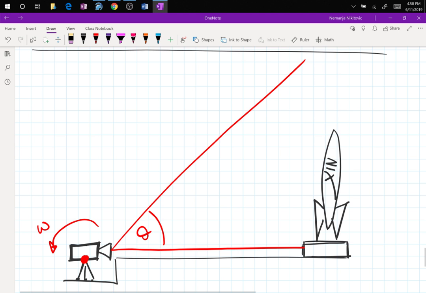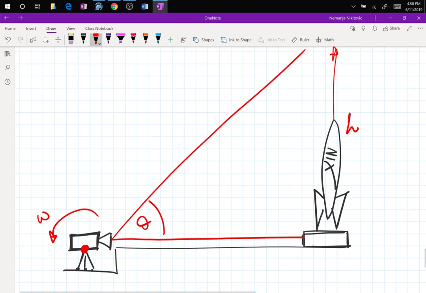Now, the rocket is going to shoot straight up, obviously. So it's going to have the height of the rocket. We can put the camera, let's say, 1,000 feet away.